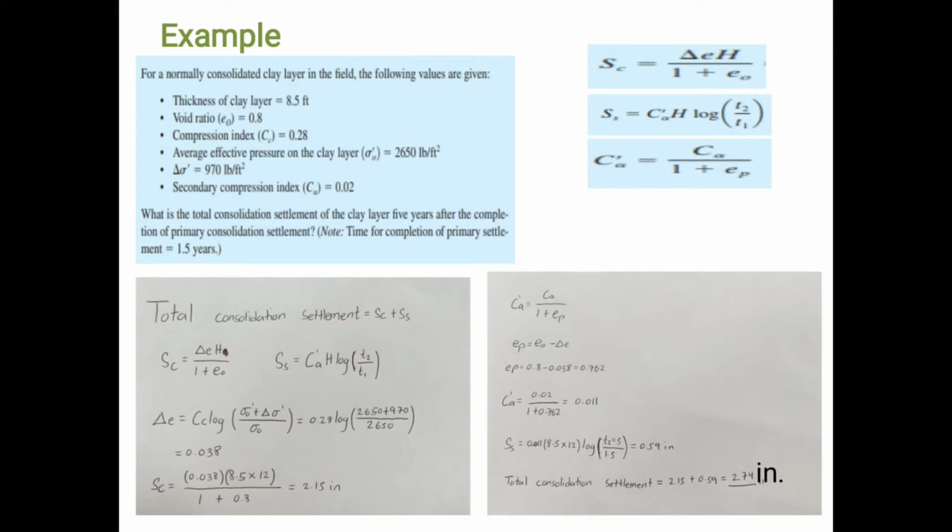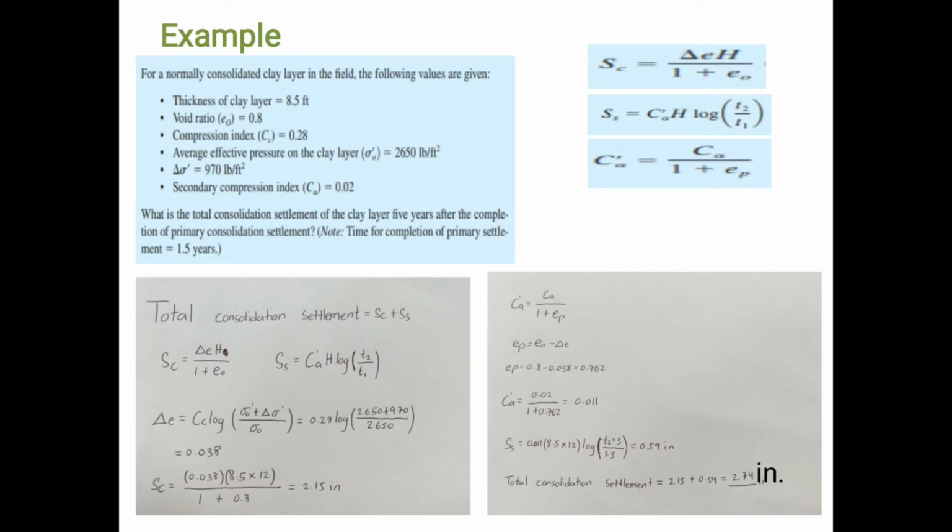the formula for primary consolidation equals change of void ratio times H, thickness of clay layer, over 1 plus e sub o, void ratio. Then first we have to get the change of void ratio, and the formula for change of void ratio is C sub c log of average effective pressure plus change of average effective pressure over average effective pressure.